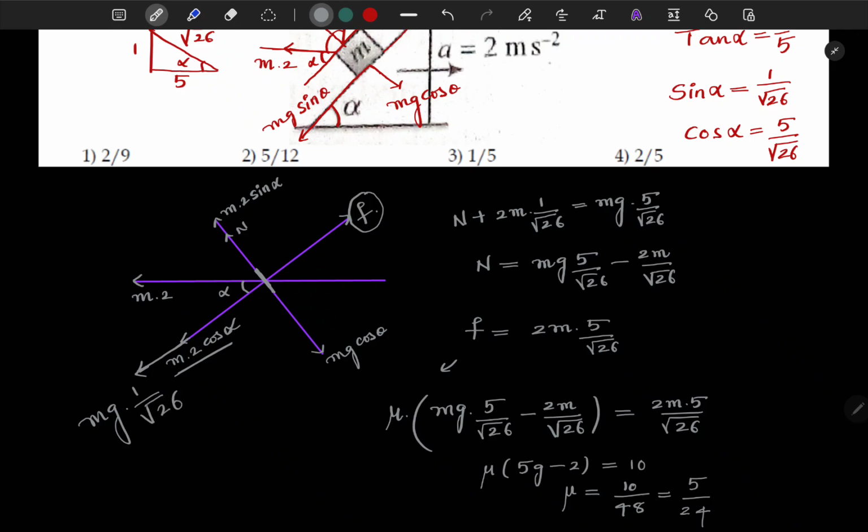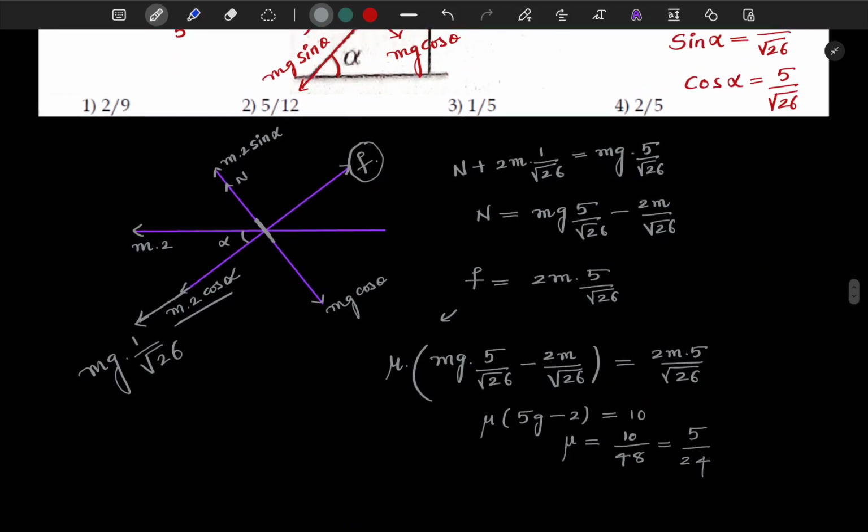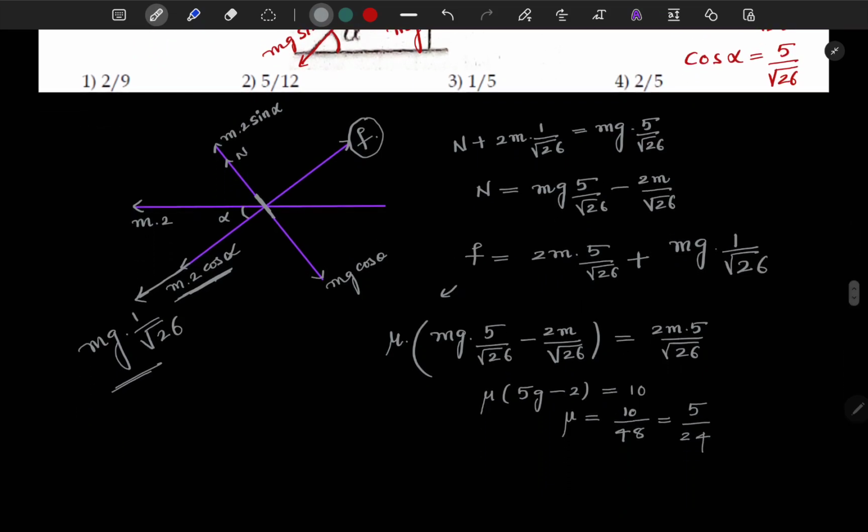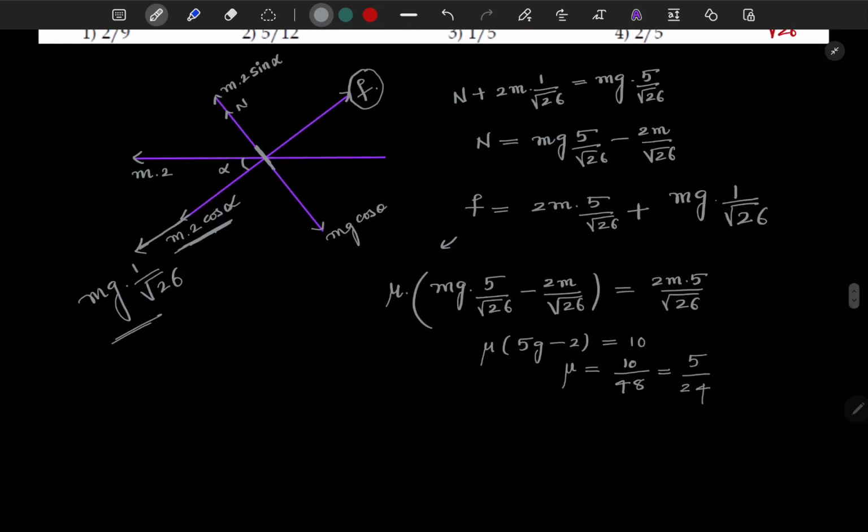So now friction has to be equal to 2m into cos alpha plus mg into 1 by root 26. And now I think I'll get it. So I simply have to add mg by root 26 here.